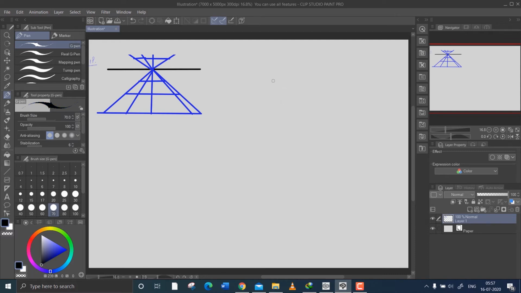Now, let's talk about 2-point perspective. In 2-point perspective, we are doing the same thing, but instead of one vanishing point, we have 2 vanishing points. Now, how does this work? Let me show you. Draw lines coming out of the points.